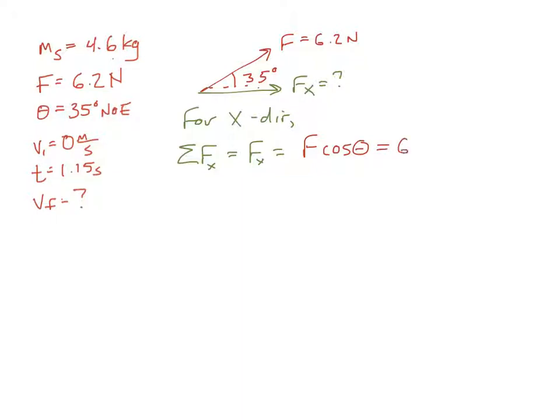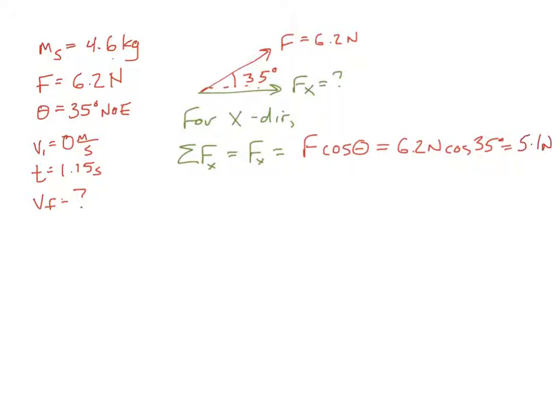So that's 6.2 newtons times the cosine of 35 degrees. This will give us the x component of that force. My calculator tells me that that is 5.1 newtons.